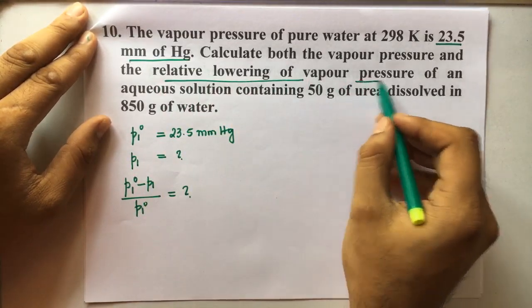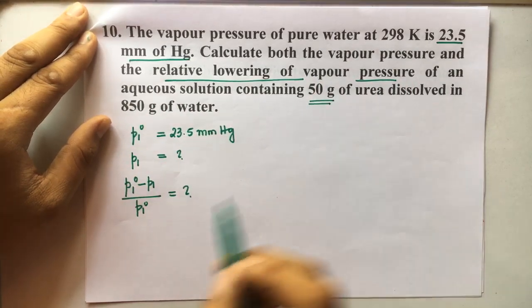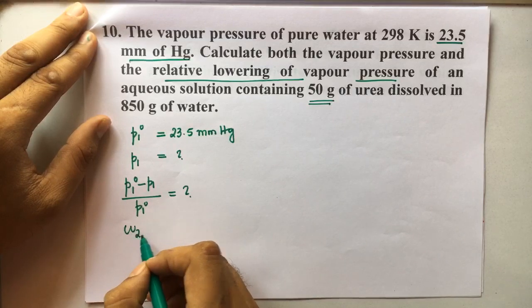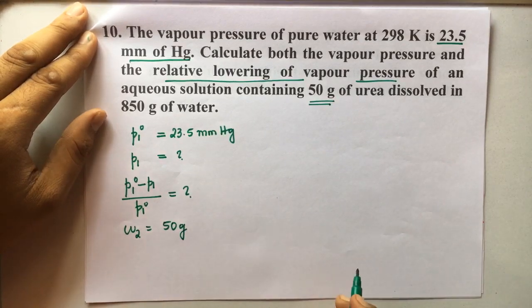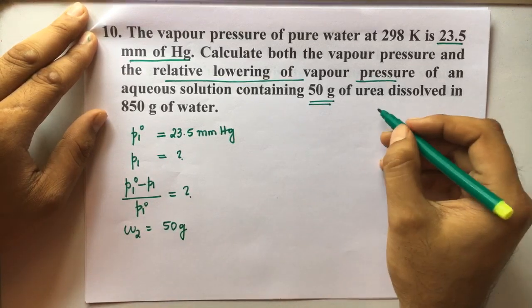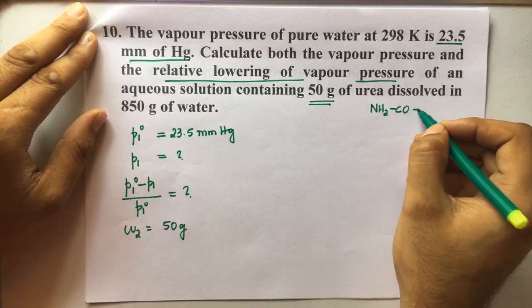Relative lowering of vapor pressure of an aqueous solution containing 50 grams of urea. So W2 is equal to 50. You know what is the formula of urea? The formula of urea is NH2 CO NH2.